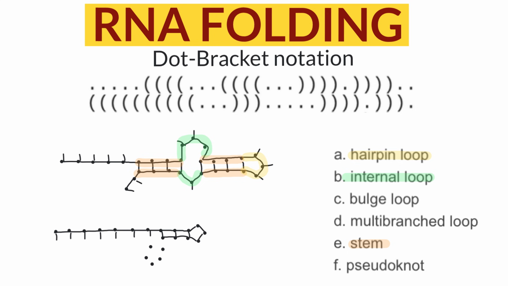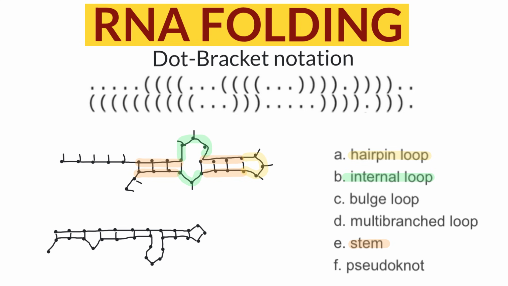Let's put them here. 1, 2, 3, and 4. Let's show connections, which are going to be as follows. Then 1 unpaired nucleotide, let's show it here, and 3 paired, 1, 2, 3, and 1 unpaired. Let's also connect them.